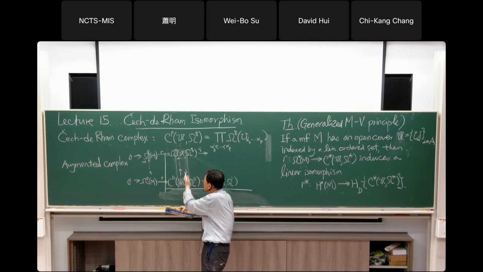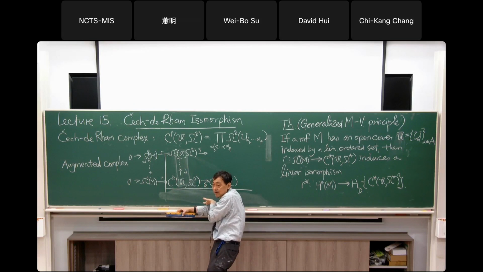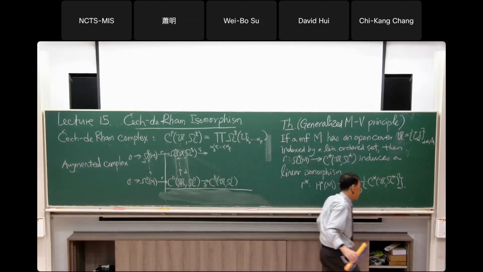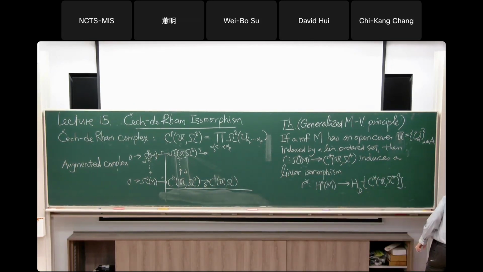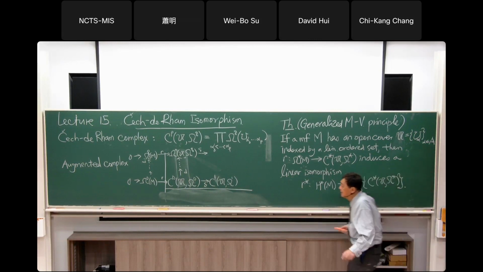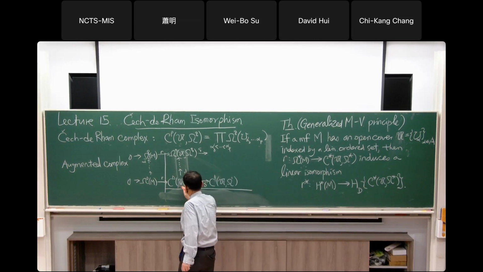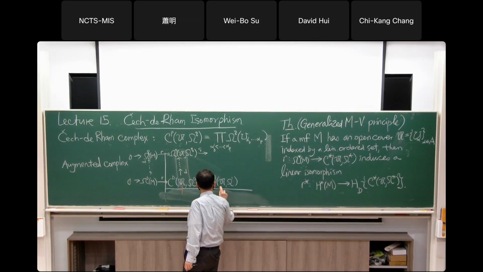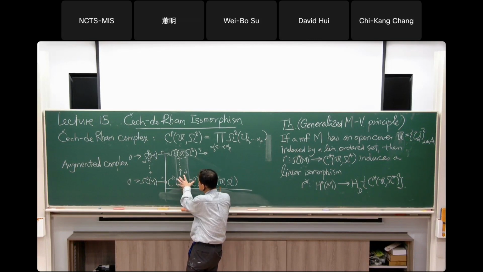So we can also augment the double complex by a bottom row that is the kernel of the first D. So let's do that. You're going to have a term here that is the kernel of the first D.